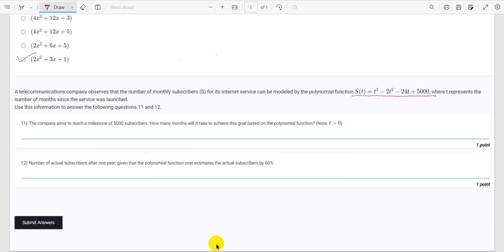Okay. So this is our polynomial function, and we have to find the time when the company reaches a milestone of 5,000 subscribers. So here we have to put t cube minus 2t square minus 24t plus 5,000 equal to 5,000, right?